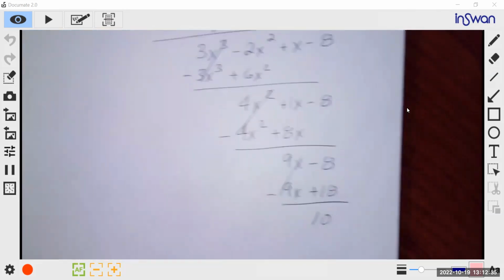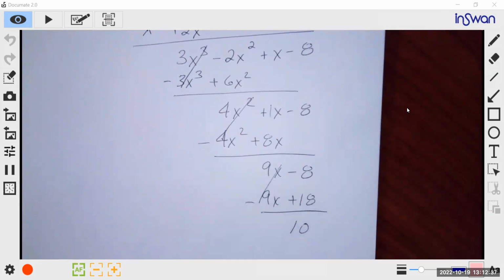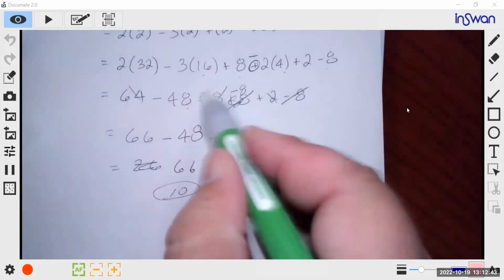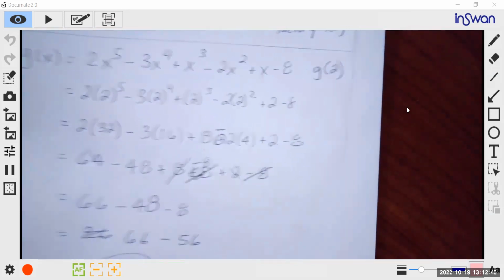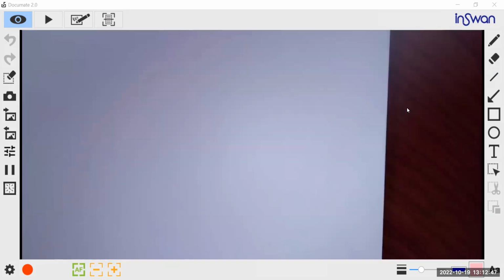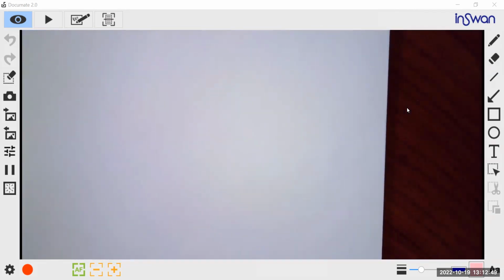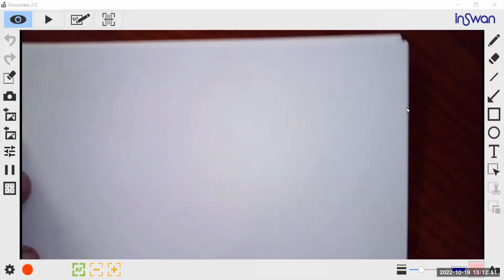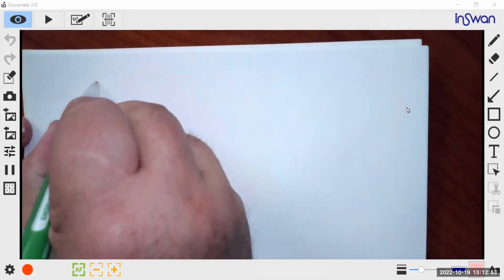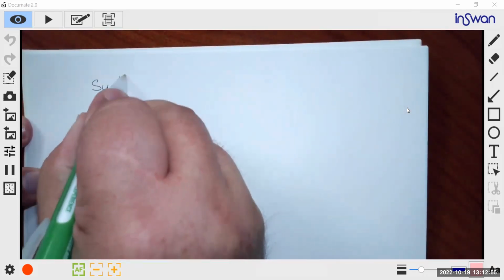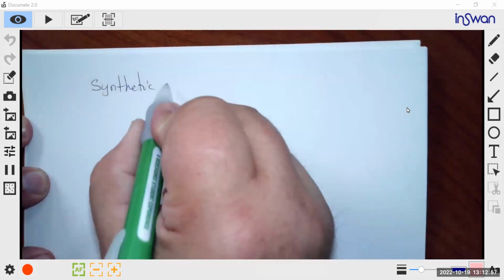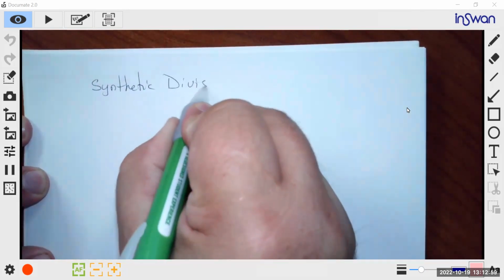So you see, at least this way it's a good check. But that's a long way. There's a faster way, even faster than this, plugging numbers in. It's called synthetic division.